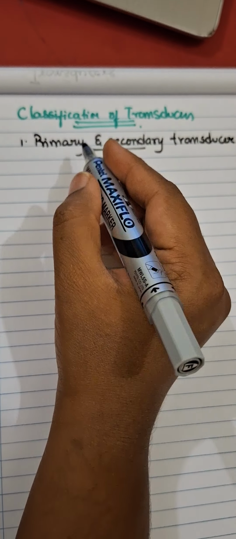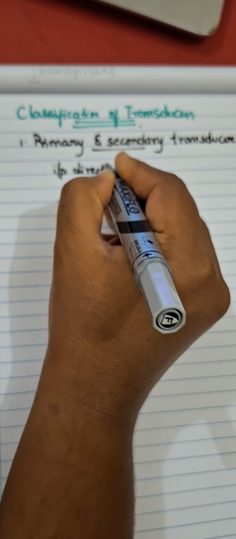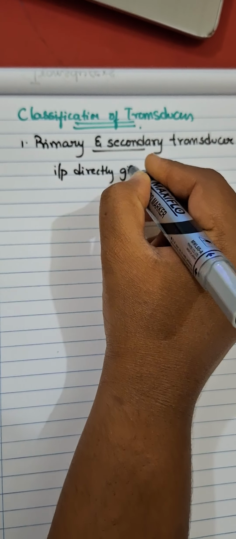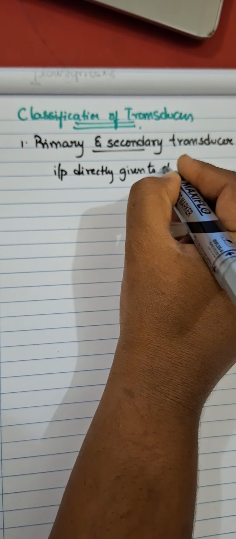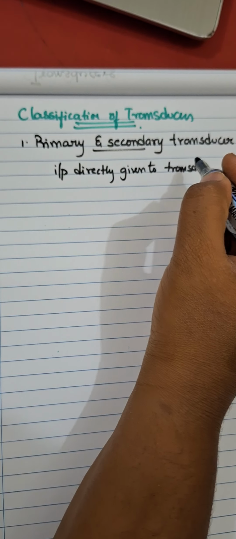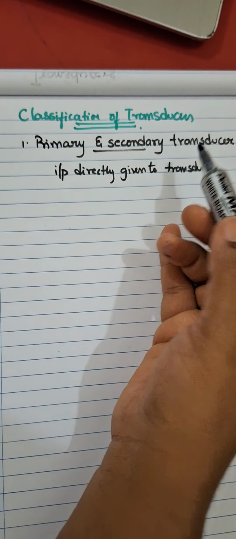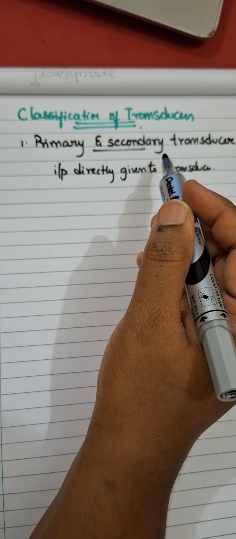For example, when the input signal is directly sensed by the transducer, when input is given directly to the transducer, that physical phenomenon will be converted into electrical form directly.